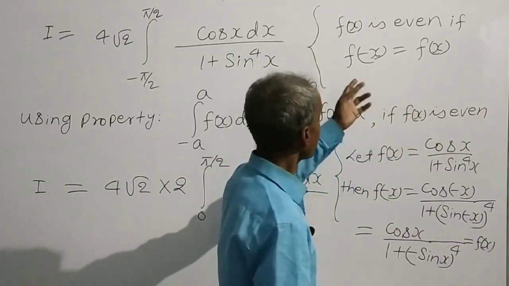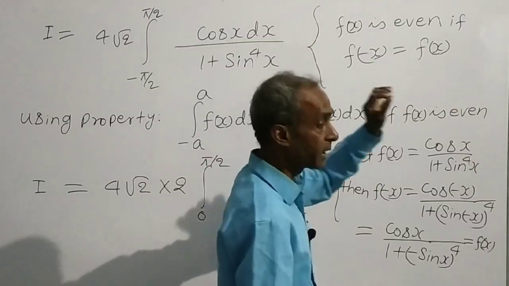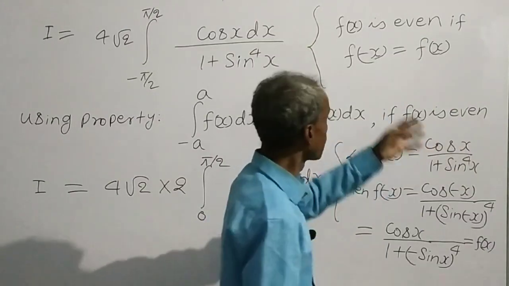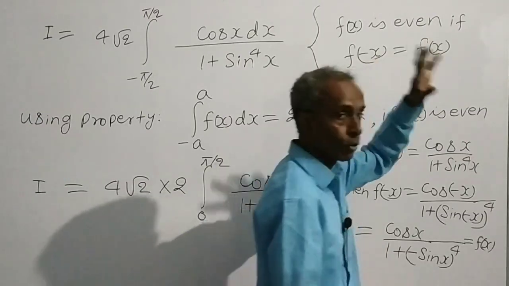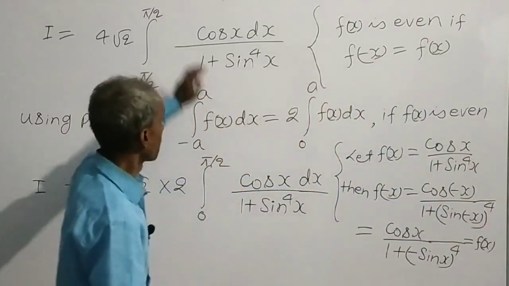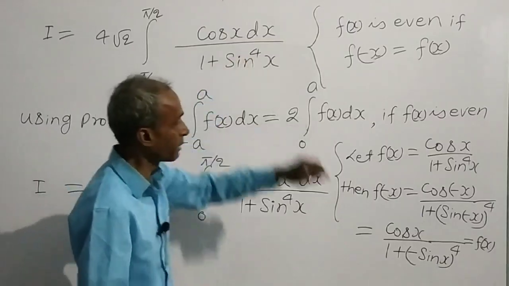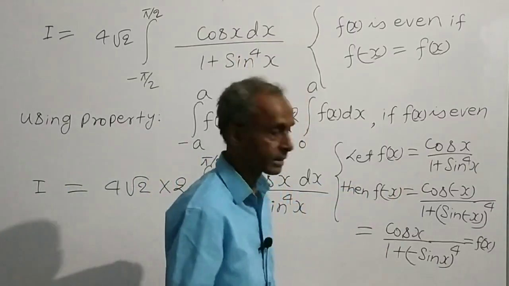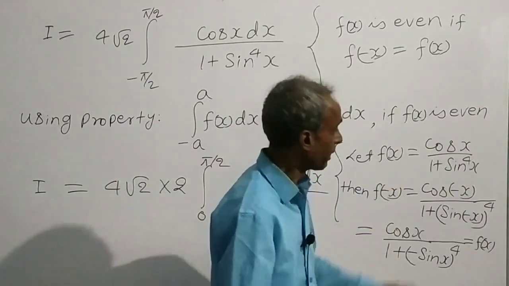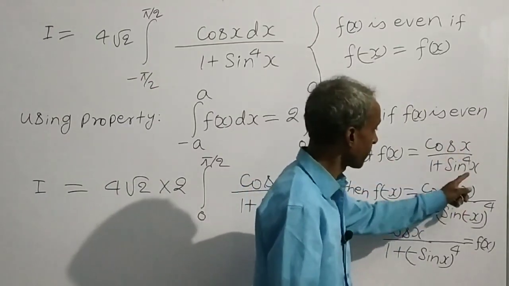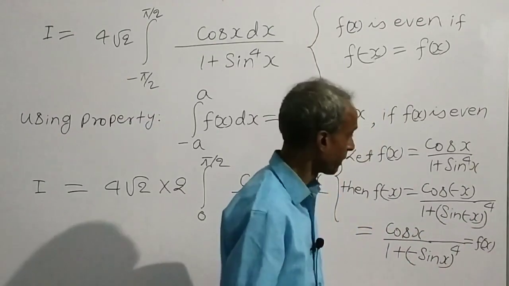A function f(x) is said to be even if it satisfies the condition f(minus x) is equal to f(x). If we suppose cos x by 1 plus sin 4x as f(x) and write minus x in place of x, then here will be minus x, here will be minus x.